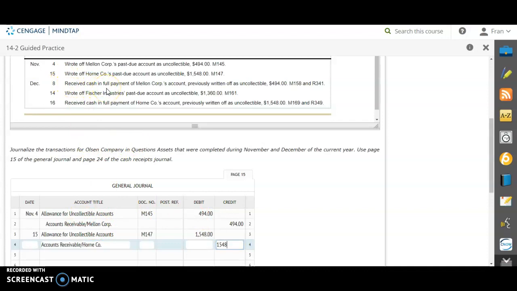So if you looked at the PowerPoint, the first part of these two entries dealt with writing something off using the direct method, where their business is closing, they're not going to pay you. Well, every once in a while, a business will work things out and they'll be able to reopen. And when they do reopen, of course, they're going to want to probably set up another account with you. But of course, you're not going to set up another account with them unless they pay off that written off amount. Okay? So in that case, you have something like this.